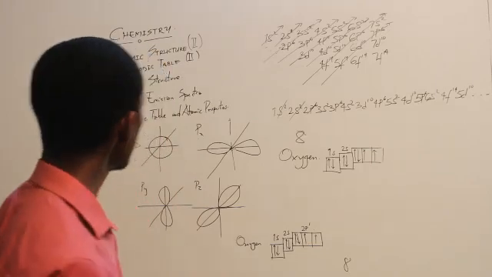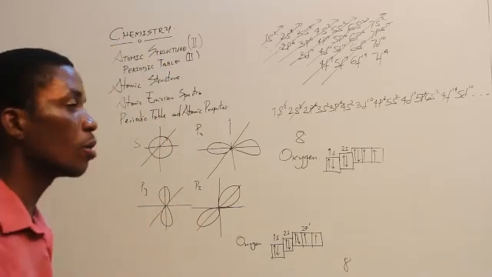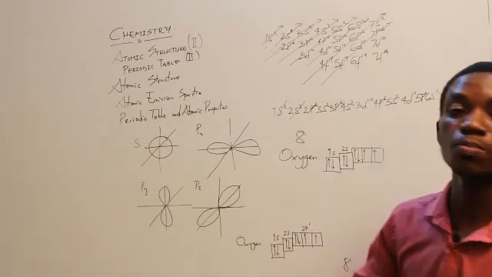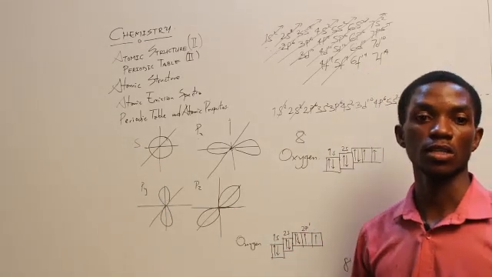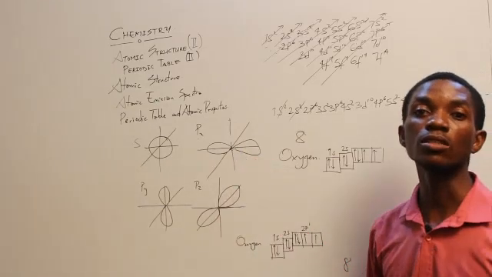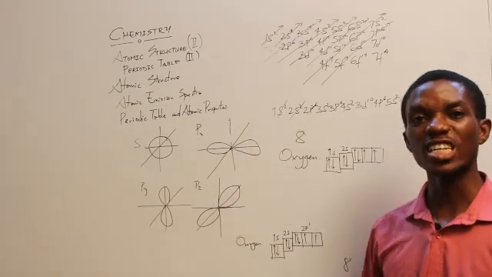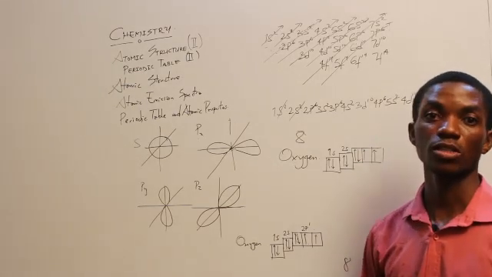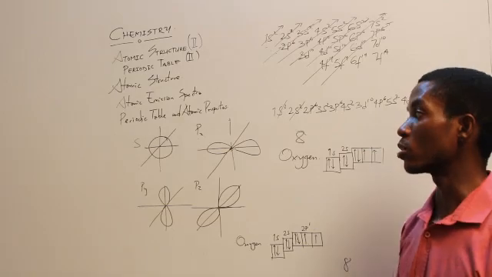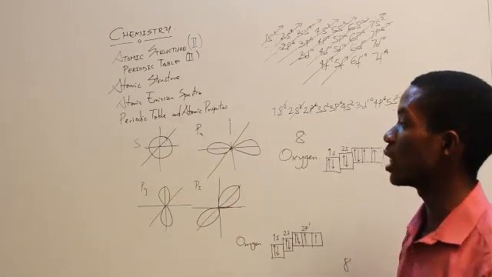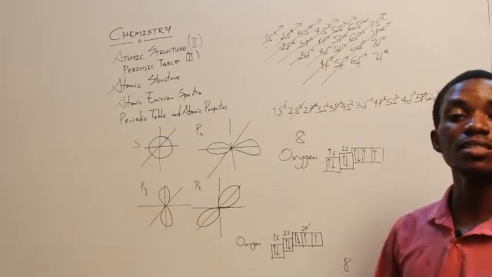All right, when you look at the shape of the orbitals, you discover that the s orbital is spherical, while the p orbital is a dumbbell. The d and the f have very complex structures, so we don't actually concentrate on them. So the s is spherical, the p is a dumbbell, and the p has 3 different dumbbells.